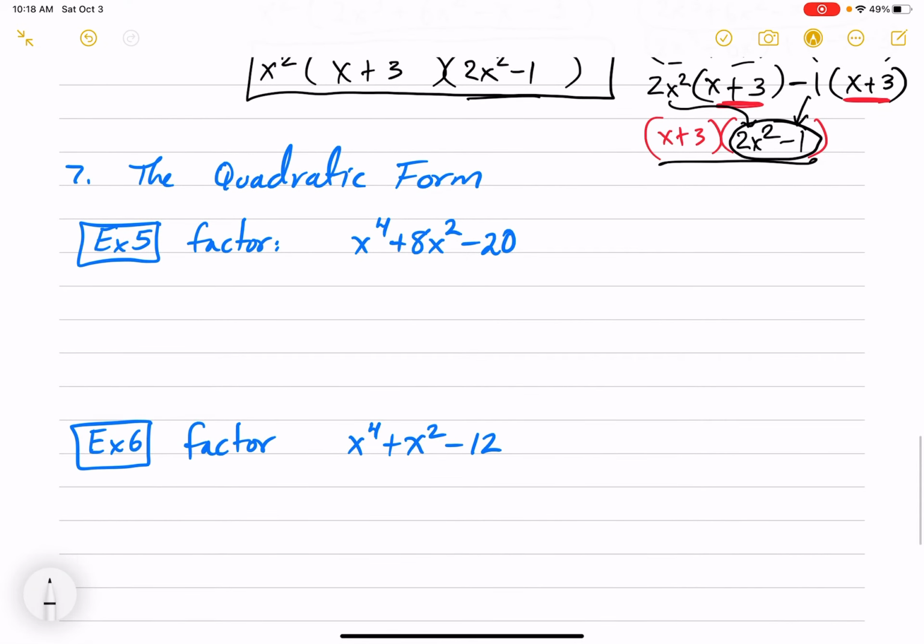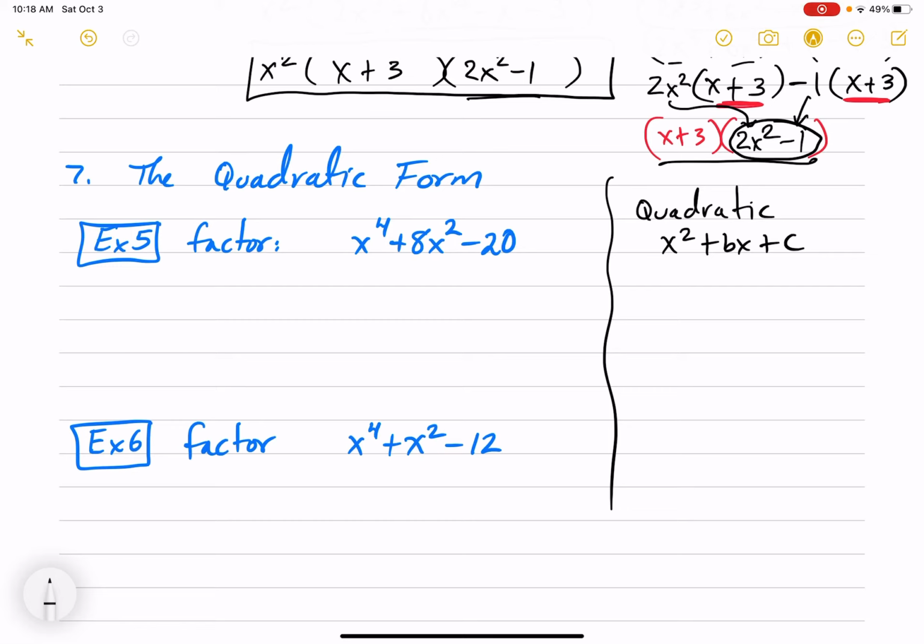And the last technique on how to factor polynomials is what we call the quadratic form. If you remember, quadratic trinomials look like x squared plus bx plus c.